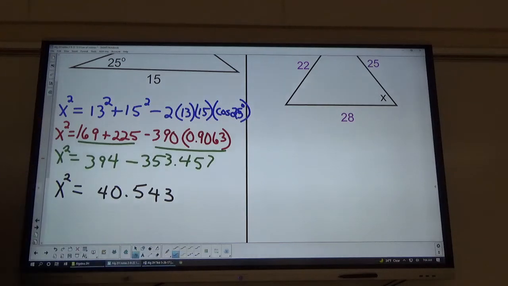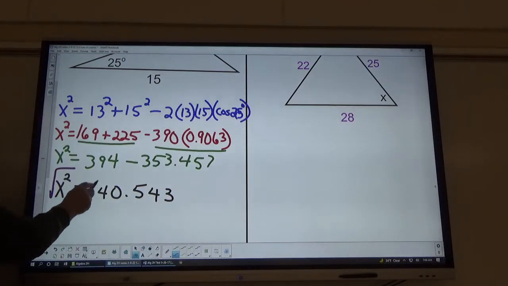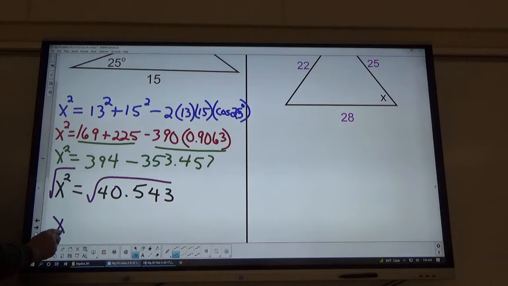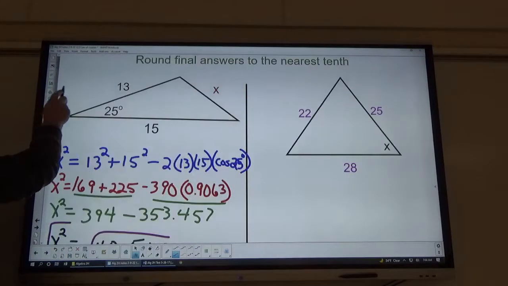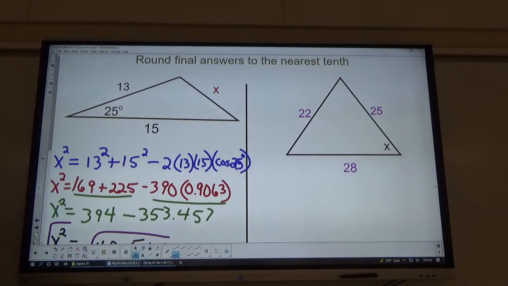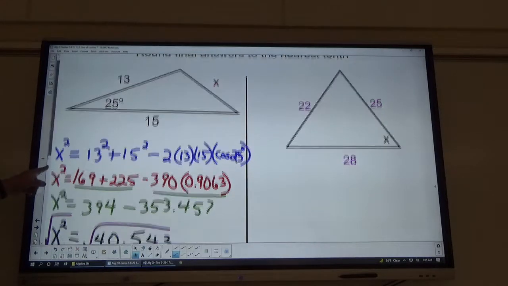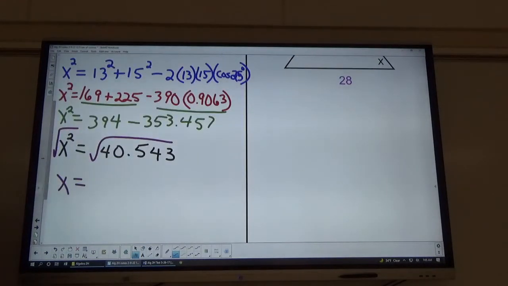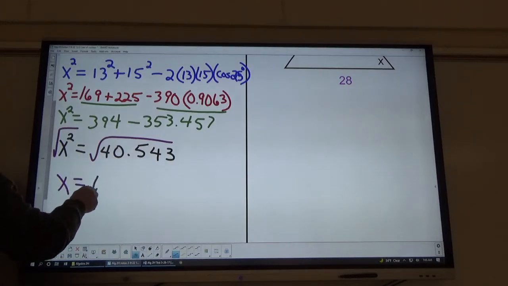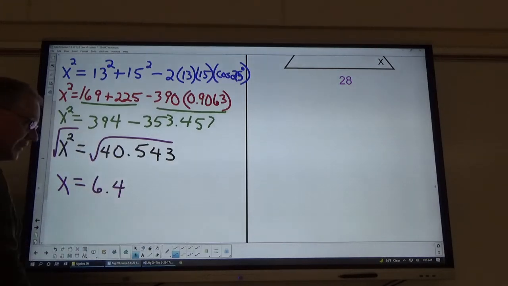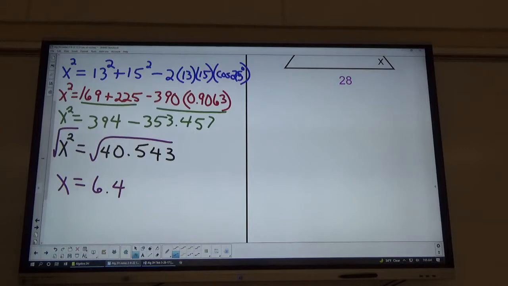Then I have to finish it up by square rooting both sides. And as you saw up above, we're going to round our final answers to the nearest tenth, or 1 decimal place. So when I do this, it comes out to 6.4 when I round it. And that's the process of using the law of cosines.